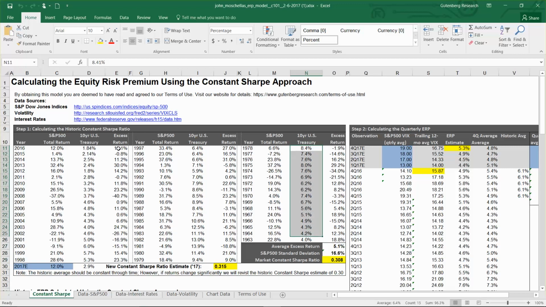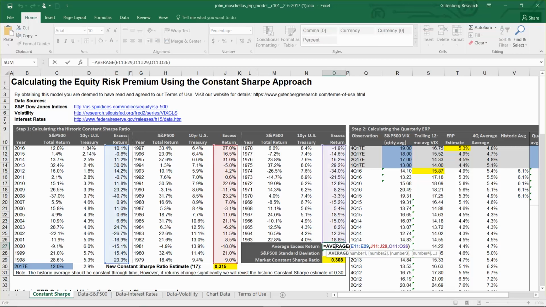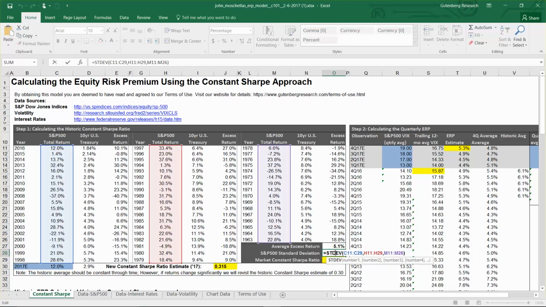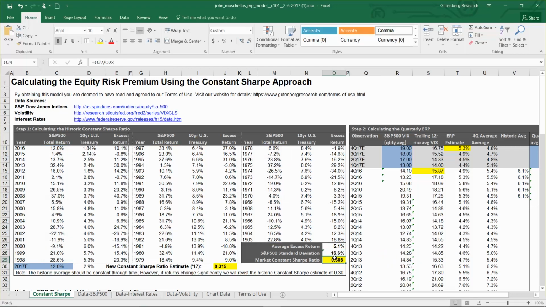And then I calculate the excess return of the S&P 500 over the 10-year Treasury rate, and I do that for all the years back to 1963. Then I take the average excess return and divide that by the standard deviation in returns over the same period, and that gets us to our constant Sharpe ratio. So you can see that I've estimated it at just above 0.3, so it's about 0.31.